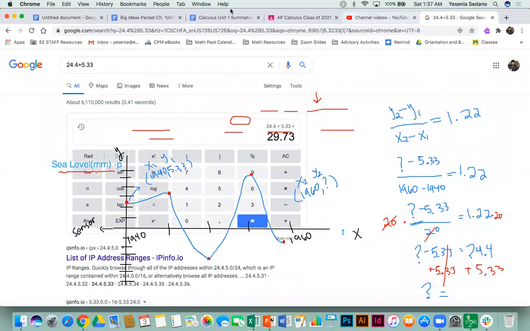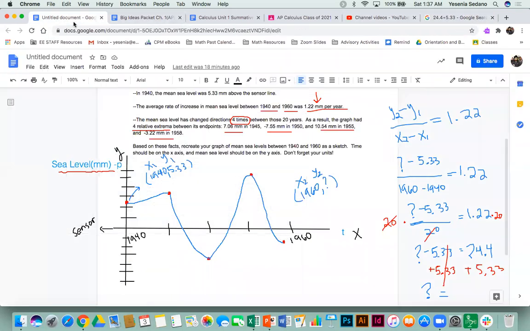Yep, I guess I shouldn't doubt myself on that. So it's going to be 29.73. Wow, so that sea level rose quite a bit. So the question mark is 29.73.